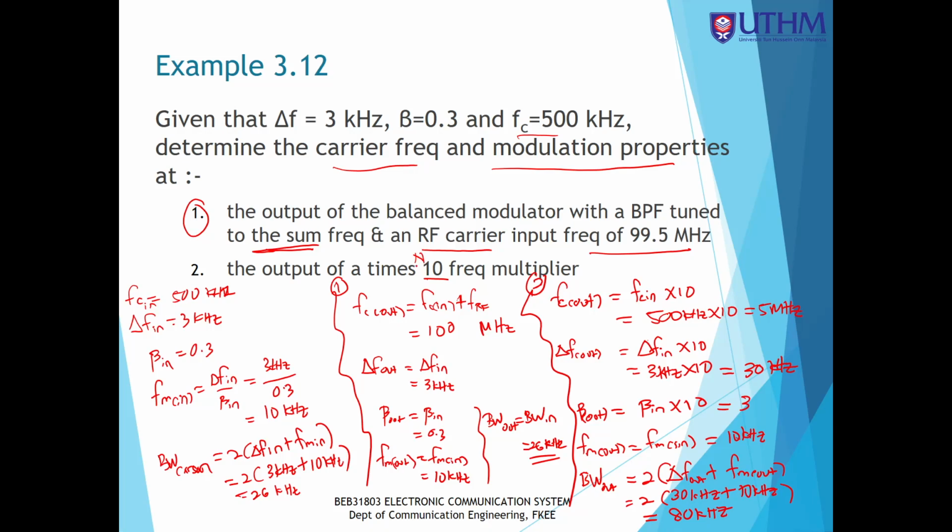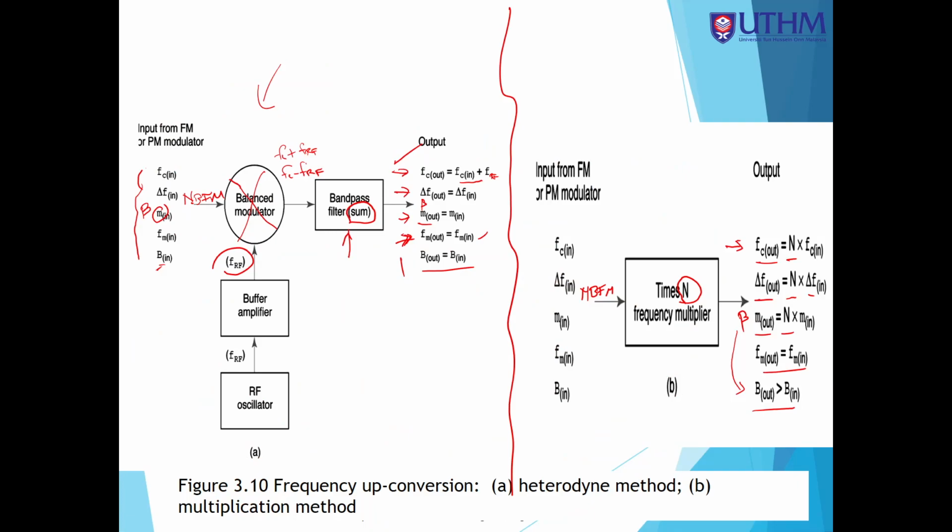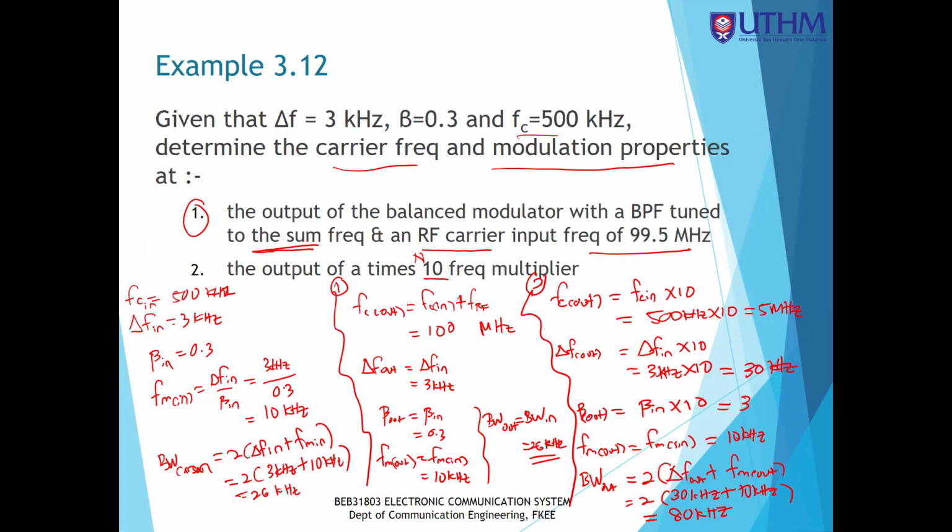All parameters will be multiplied by the factor n, except for the modulating signal frequency, which does not change. First I find the carrier frequency, which increased by a factor of 10.